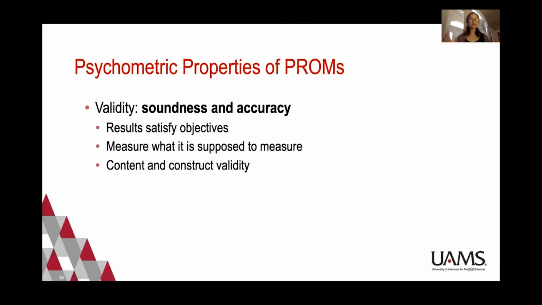So the instrument is designed to measure what we intend to get. So we look at the content of the set of questionnaire or prompts, and how it is constructed. We look at content and construct validity.